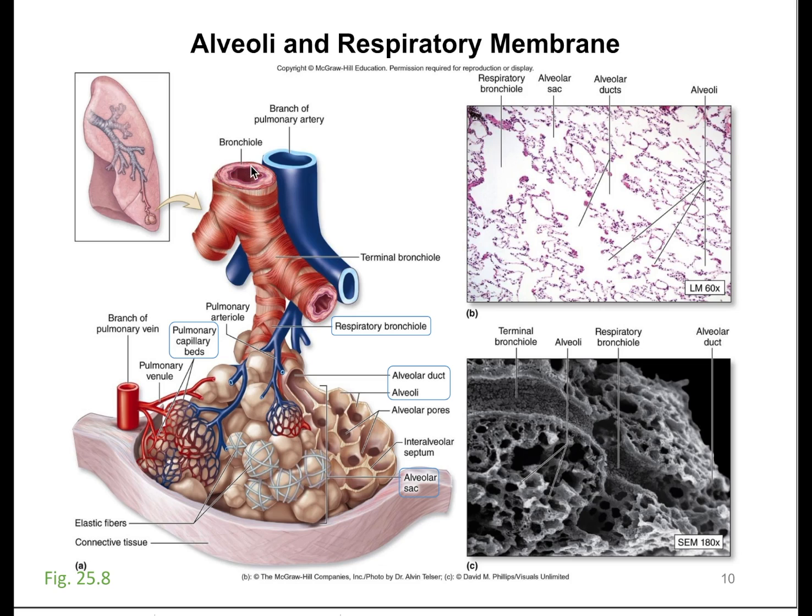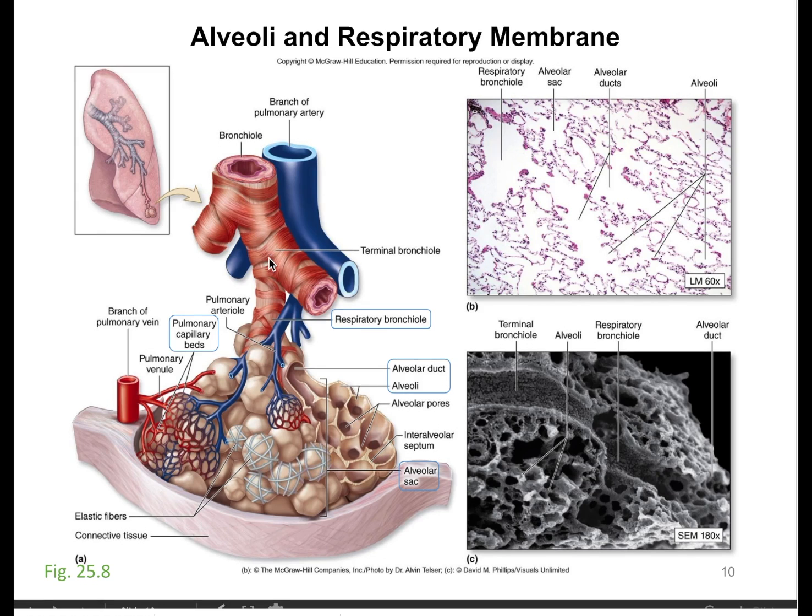thick, smooth muscular wall. And the bronchioles are going to get even smaller to what is called a terminal bronchiole. And then even smaller than that is where the respiratory bronchioles are. So if we're following the pattern over here, so this is the left lung.